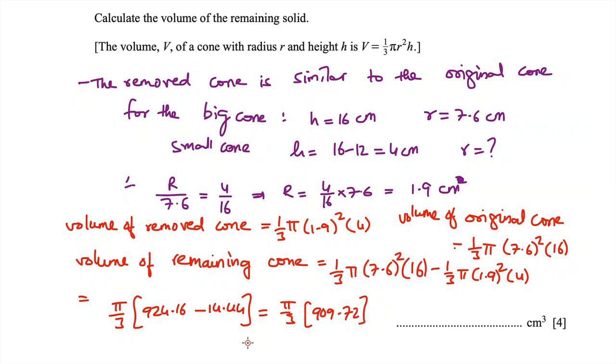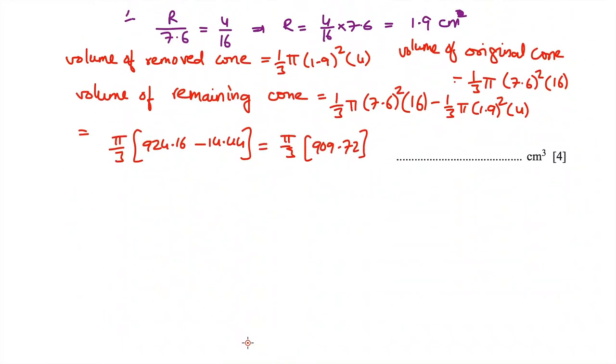And if I calculate the value, substituting the value of pi, it will be in centimeter cube because it is volume. This will turn out to be 952.6565562 and so on. And now if I round it to two decimal places, the answer would be 952.66 centimeter cube, and this completes the question.